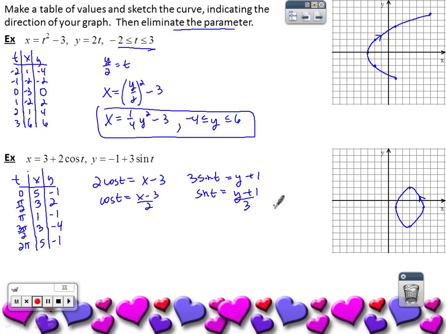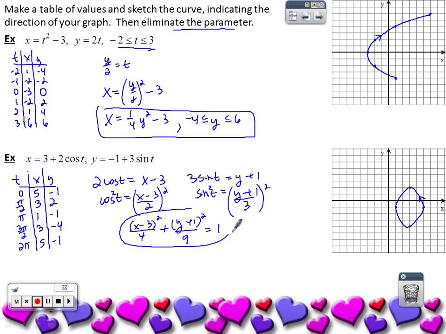Now we're going to square both sides of each of the equations, and we're going to come up with a cosine squared and a sine squared. What do we know about cosine squared plus sine squared? What do they equal? 1. And so that's what we're going to do. We're going to basically square everything, and then set up a new equation: (x minus 3) squared over 4 plus (y plus 1) quantity squared over 9 equals 1.